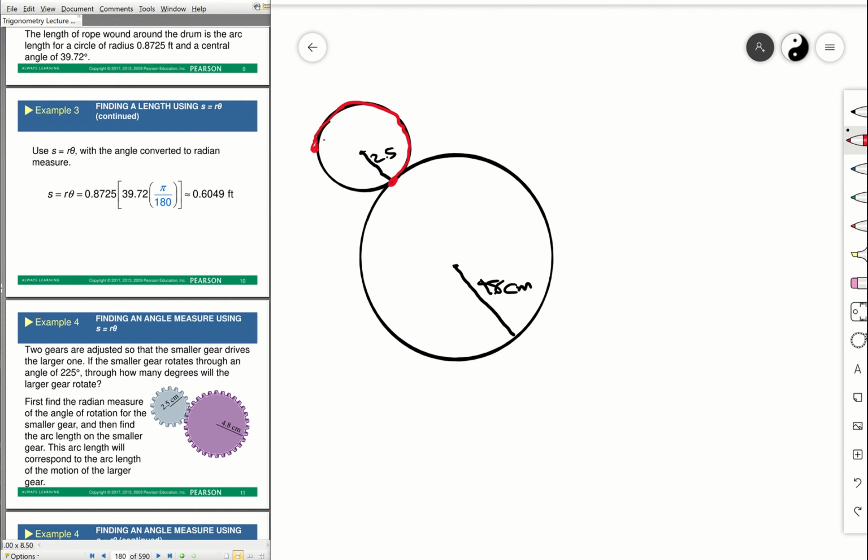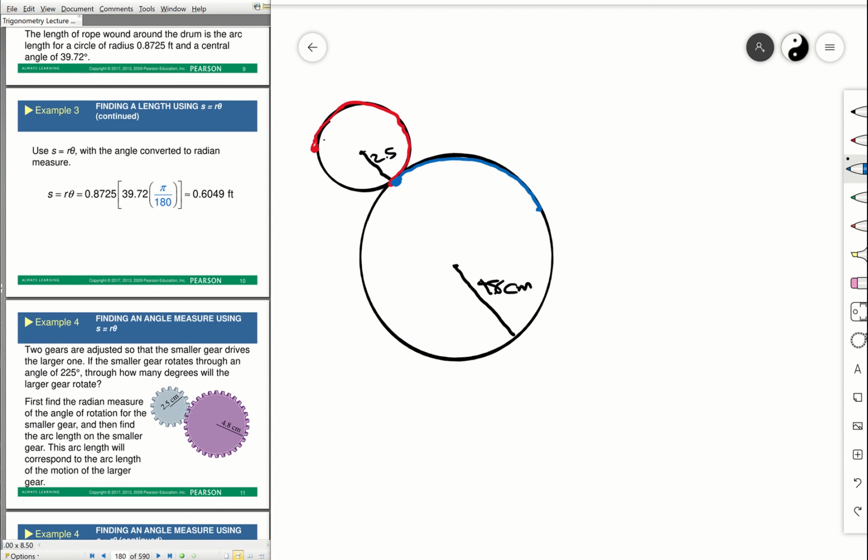So notice that if there's a blue dot that's traveling on the larger circle, as it does so, it is going to have the exact same length of arc traveled on it. So the blue dot will travel the exact same distance as the red dot did on the smaller circle.